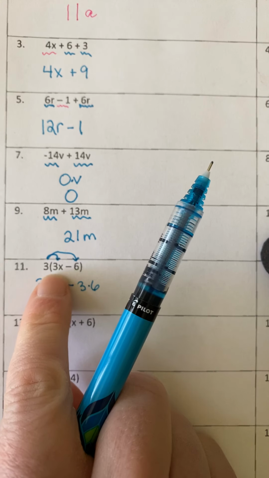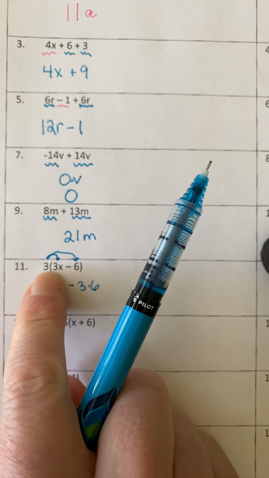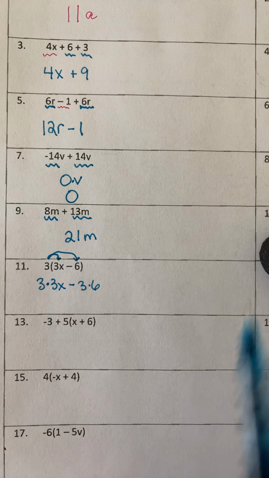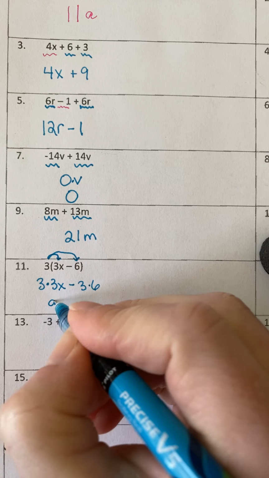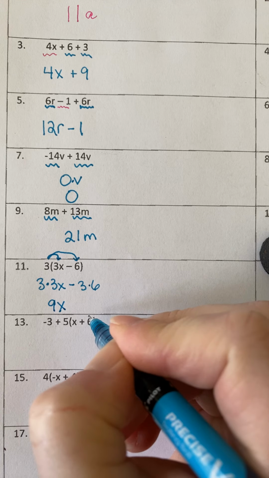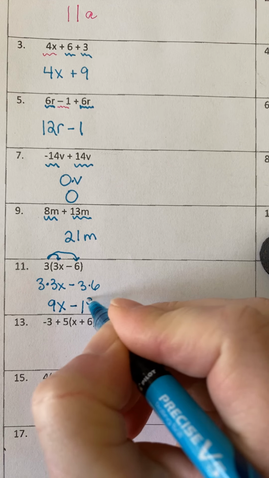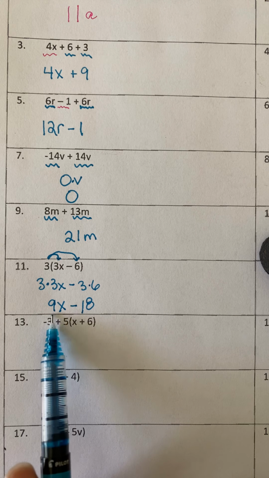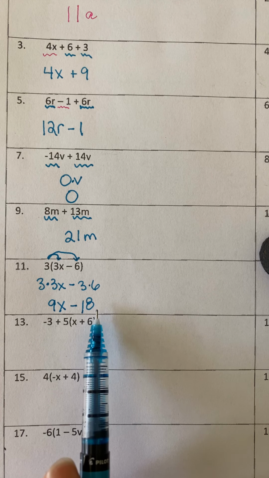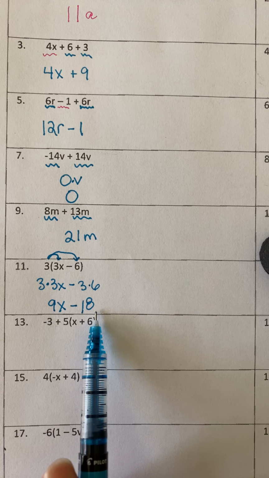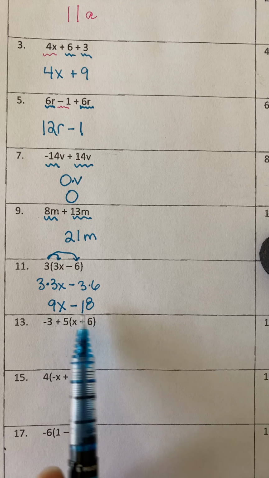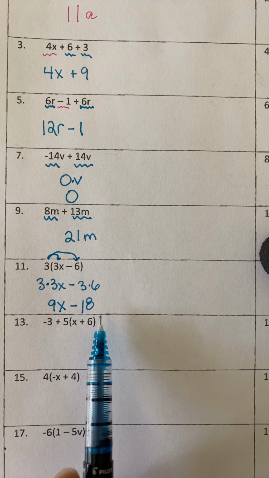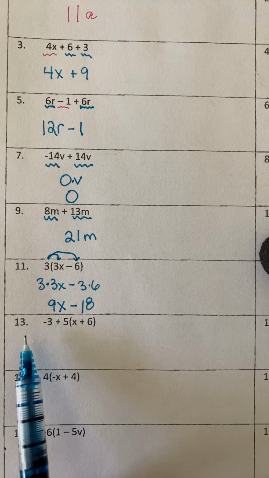So this is 3 times 3x minus 3 times 6. So this simplifies to be 9x minus 18. All right, so now 9x has an x behind it, but 18 does not. So that means that we are as simplified as we can be because there are no like terms that we can add together.